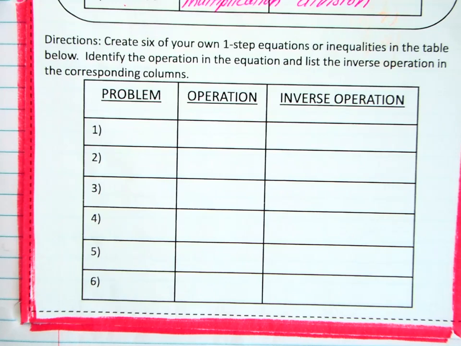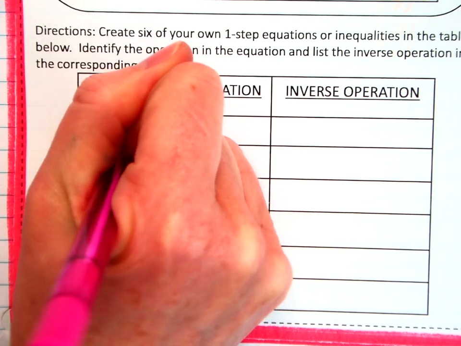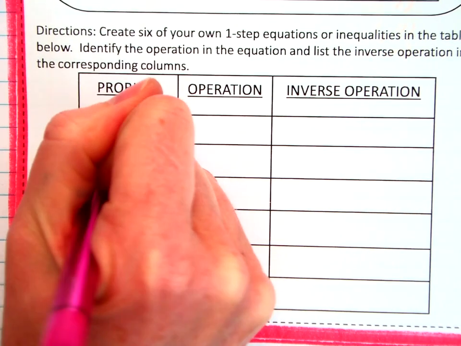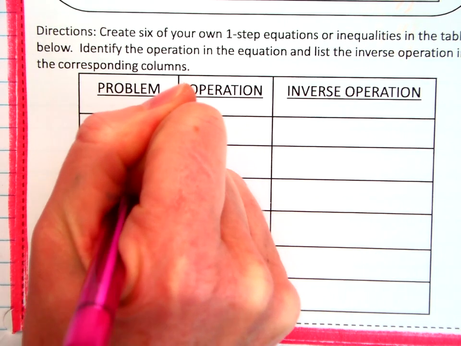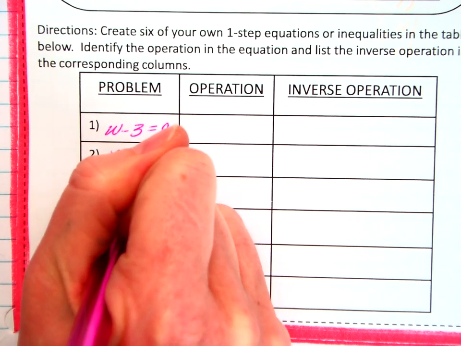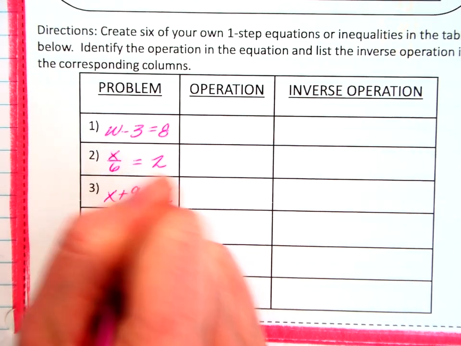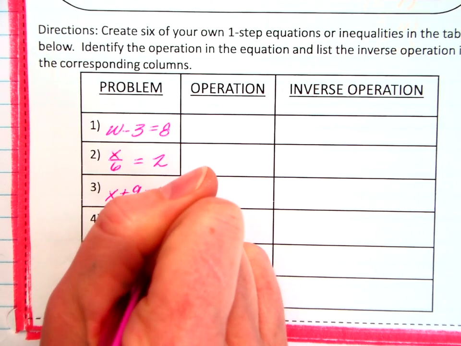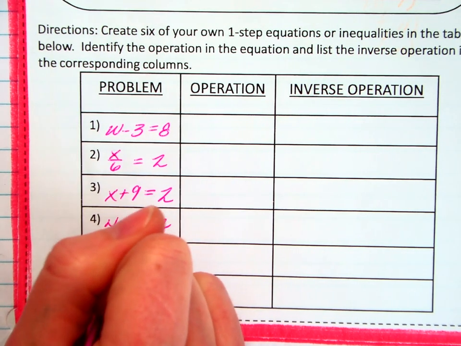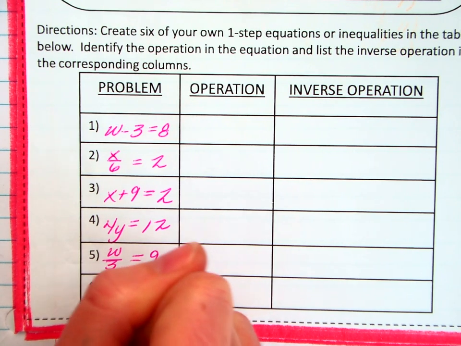So zoom in on this section with me, and let's try w minus 3 equals 8, x divided by 6 equals 2, x plus 9 equals 2, 4y equals 12, w divided by 3 equals 9, and 4x equals 16.